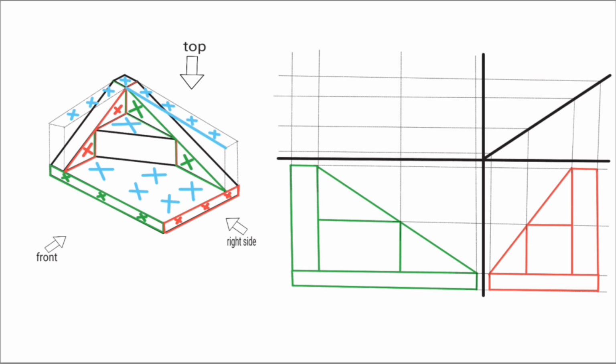Notice, this line in the top view is this line plus this line. If we see it in the multi-view, this line in the top is this line plus this line. And the length of this line is the summation of this line and this line. In the multi-view drawing, this line in the top is the summation of this line and this one. Let's draw them one by one.